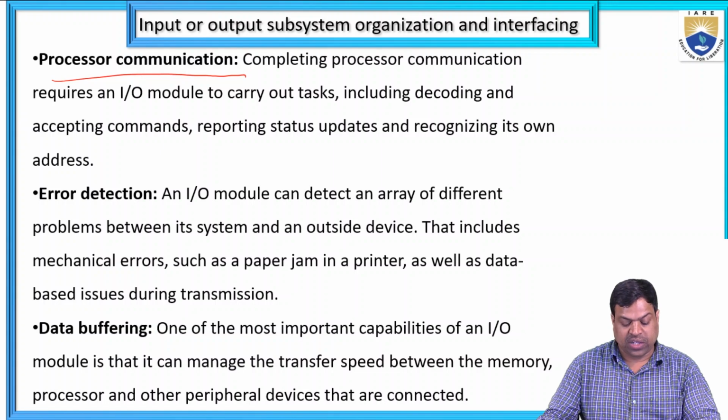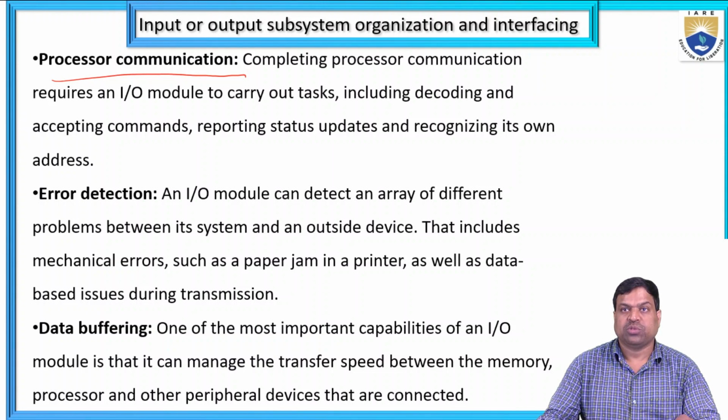That includes mechanical errors such as a paper jam in a printer, as well as data issues during transmission and data buffering. One of the most important capabilities of an input output module is that it can manage the transfer speed between the memory, processor, and other connected peripheral devices.